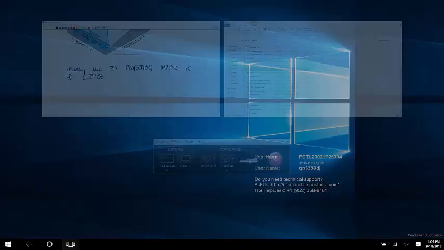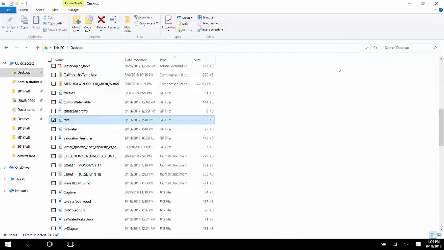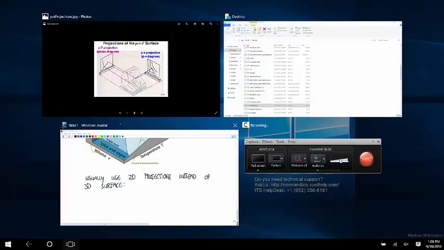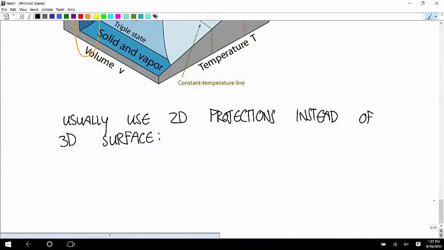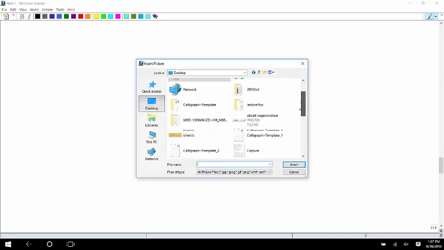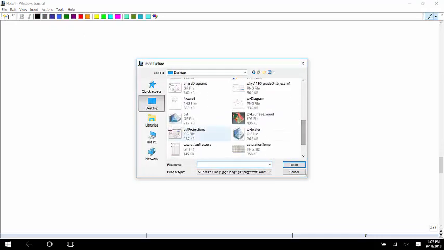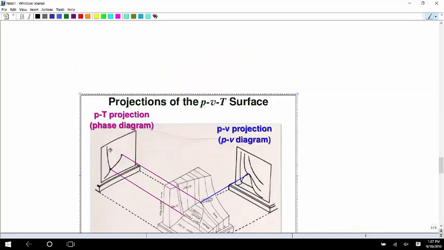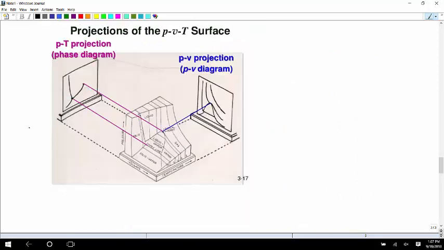And so here's a picture of what the projections look like. So this is two of the three projections that it shows.